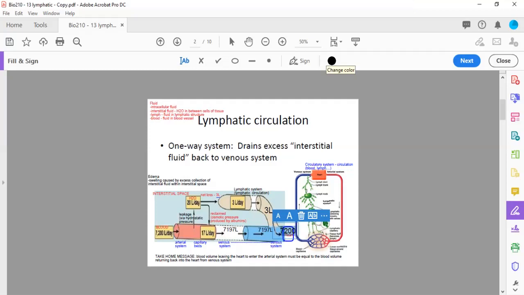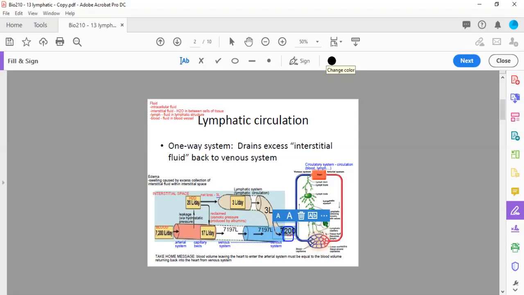So the loss of volume could be used to make sweat. For example, on a hot day, you sweat a lot, and so the water from the blood could be extracted into the sweat gland to make sweat.